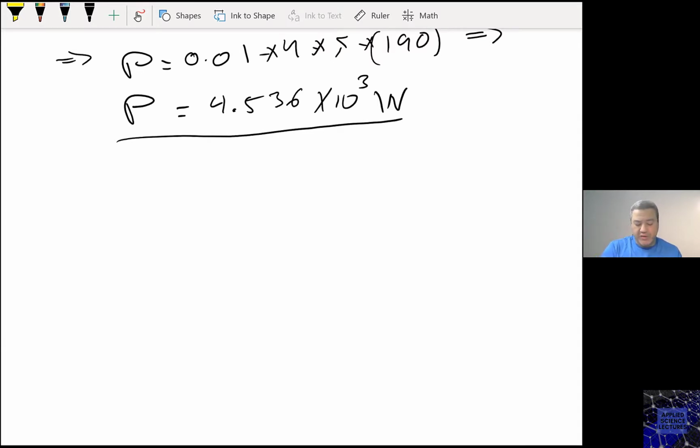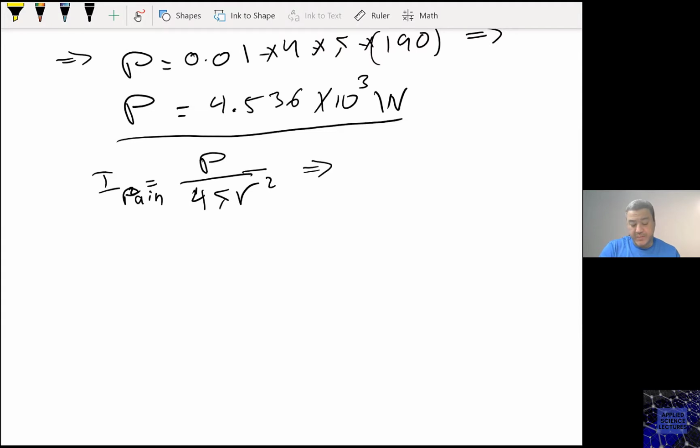Now we need to calculate the new distance. In this case, I pain equals P divided by 4 pi r squared.